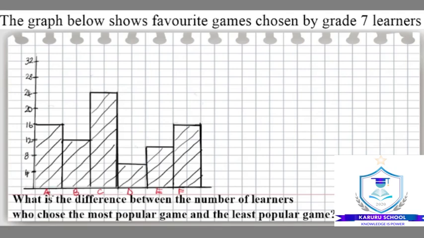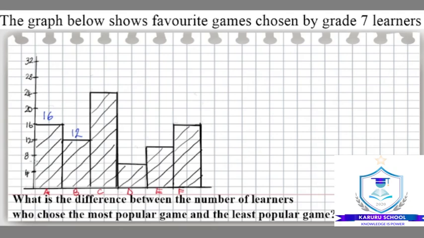We have the first game here, A, which was preferred by 16 learners. So in this case we will write in here 16, and then we have the second game which was preferred by 12 learners.